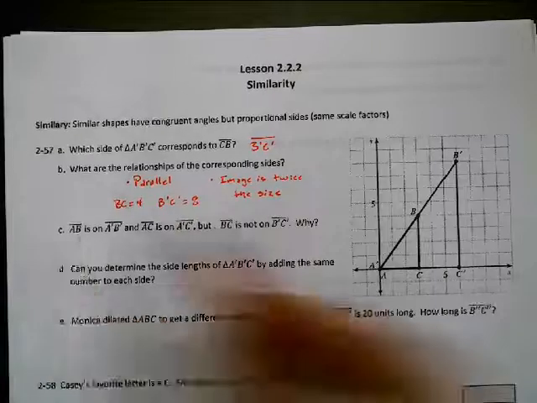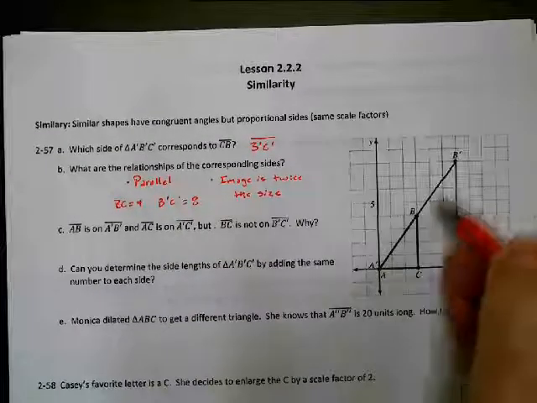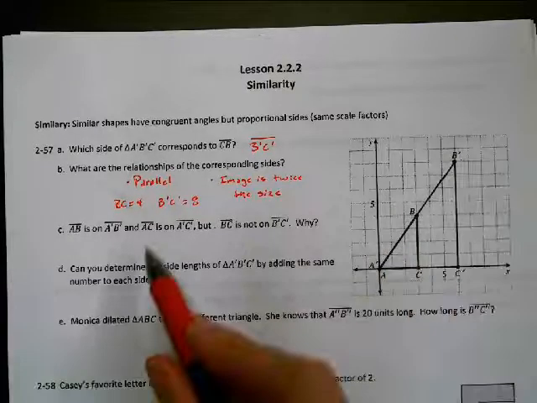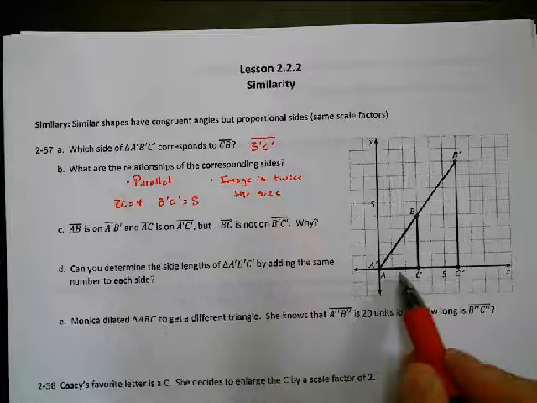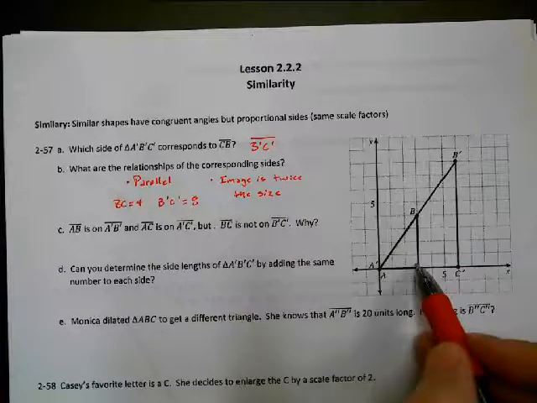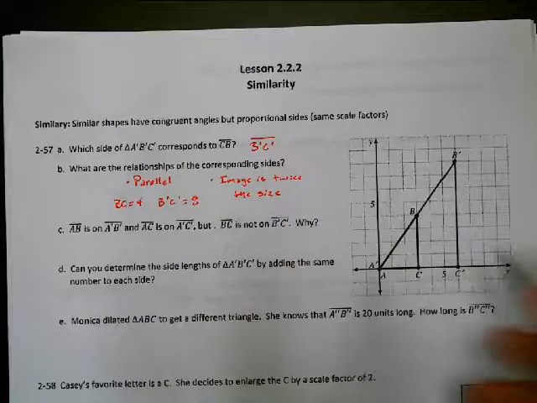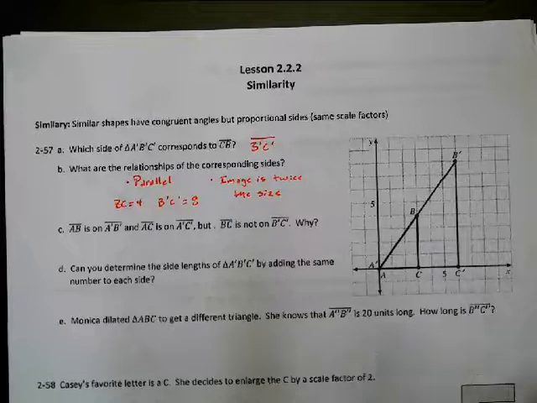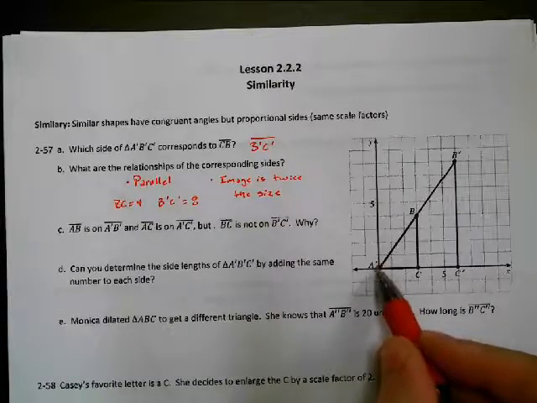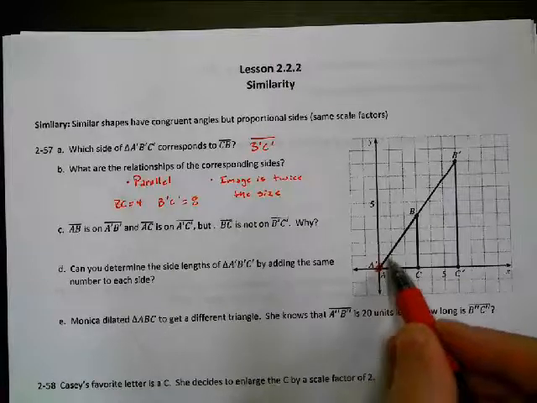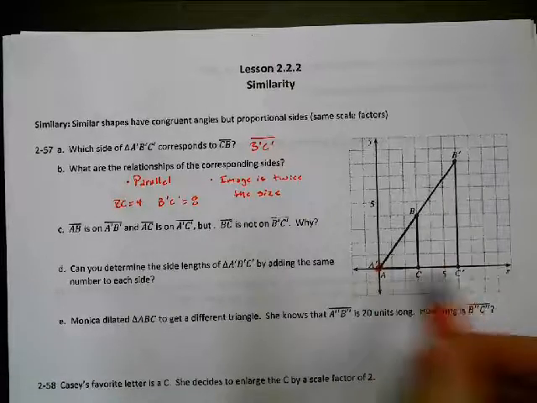Now it says that AB, this section here, is on A prime, B prime. AC, this one here, is on A prime, C prime. But BC is not on top of B prime, C prime. Why is that? Well, this is a dilation. In a dilation, we were dilating from this point here, and so everything spreads out from that point.